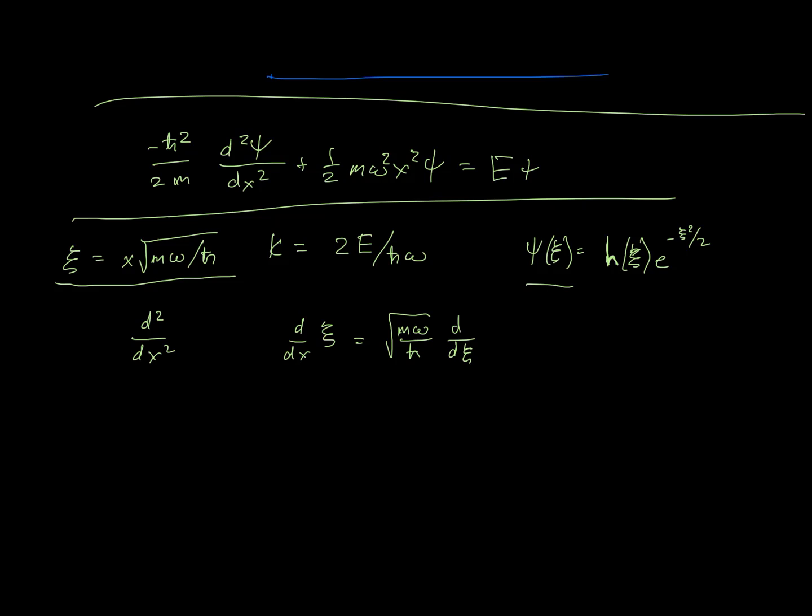And so to get our second derivative, d squared over dx squared, that equals the derivative with respect to x of square root of m omega over h bar d d xi.